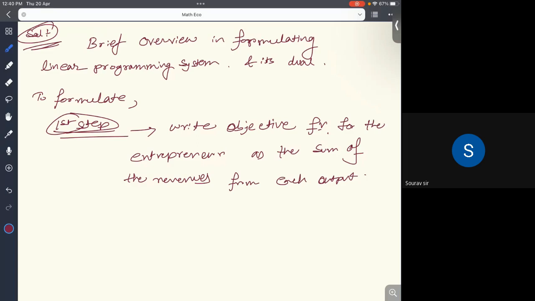We then write the constraints. The total quantity of each input used in all activities cannot exceed the fixed quantity available to the entrepreneur.